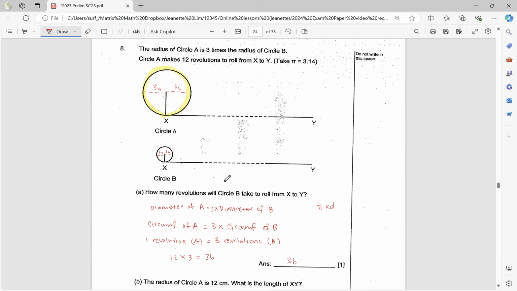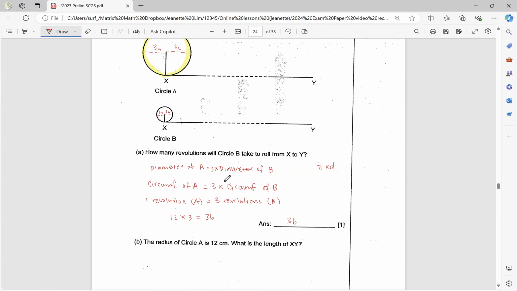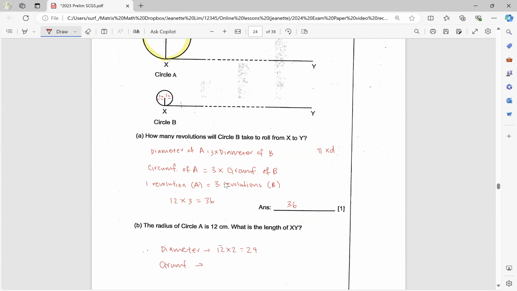Part B, the radius of circle A is 12 cm. What is the length of XY? Let's look at circumference. Circumference means we need the diameter. The diameter is 12 times 2, 24. Circumference is pi times diameter, where pi is 3.14. 3.14 times 24 is 75.36.